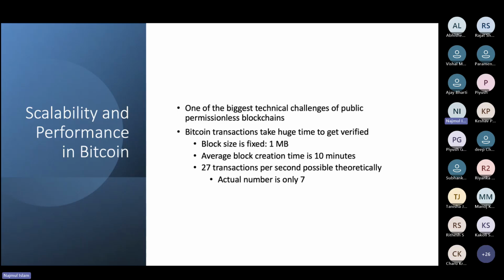And now I will explain the scalability and performance problem in the Bitcoin network. As I was saying, I will give the example of Bitcoin and show how big the problem is. One of the biggest technical challenges for public permissionless blockchains is scalability and performance. Bitcoin transactions take a huge time to get verified.